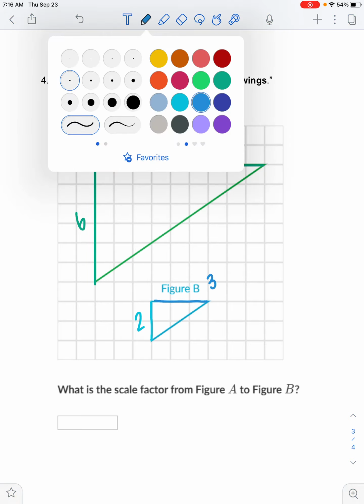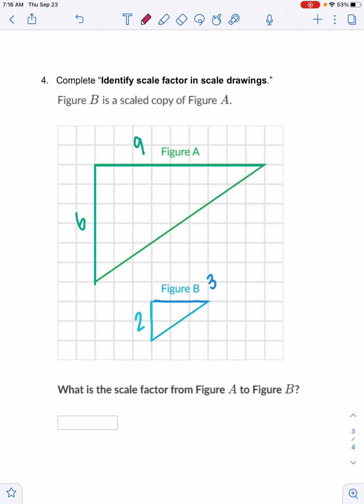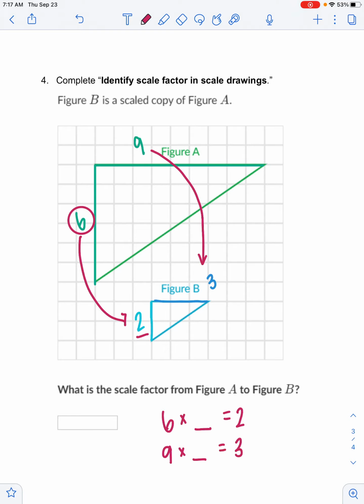But even if I only looked at one pair of corresponding sides, 6 to 2 or 9 to 3, I would be able to figure out the scale factor. The scale factor is simply what I need to multiply my original copy by to get the side length in my new copy. So in other words, 6 times something equals 2, or 9 times something equals 3. Well, we know that 2 is 1/3 of 6, and 3 is 1/3 of 9. So the scale factor is 1/3.